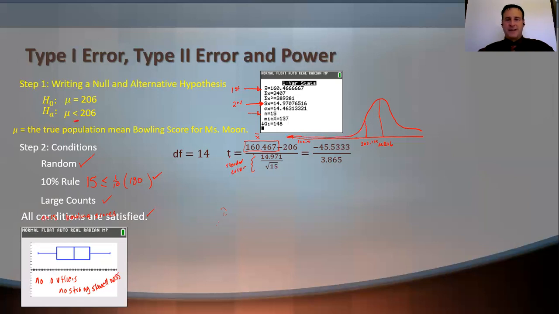Nevertheless, I will still do this math. Negative 45.5333, that has a hat on it, divided by 3.865, and you get a t that is equal to negative 11.779.